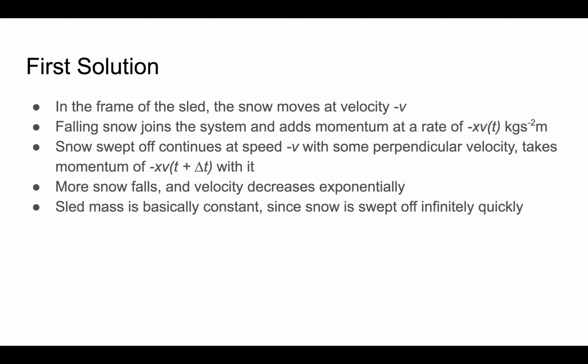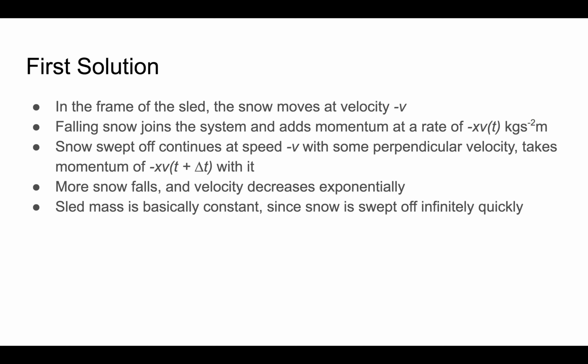So falling snow will join the system and add momentum at a rate of negative x times v kilogram meters per second squared. What that means is that, let's say the snow is falling and it has a speed of negative v, then we have x kilograms per second of snow.